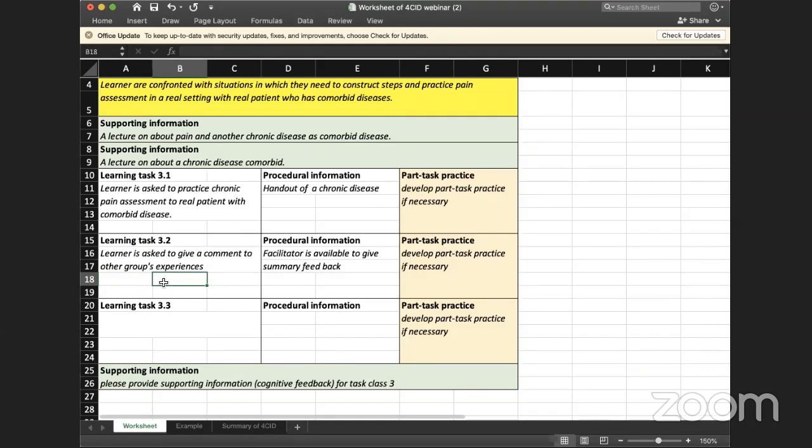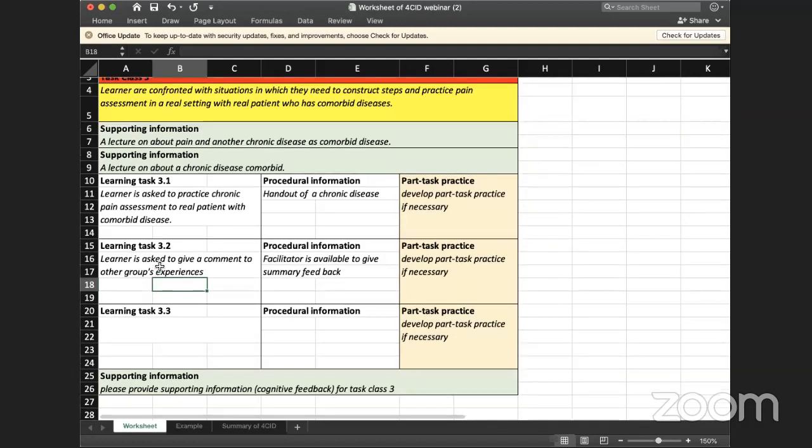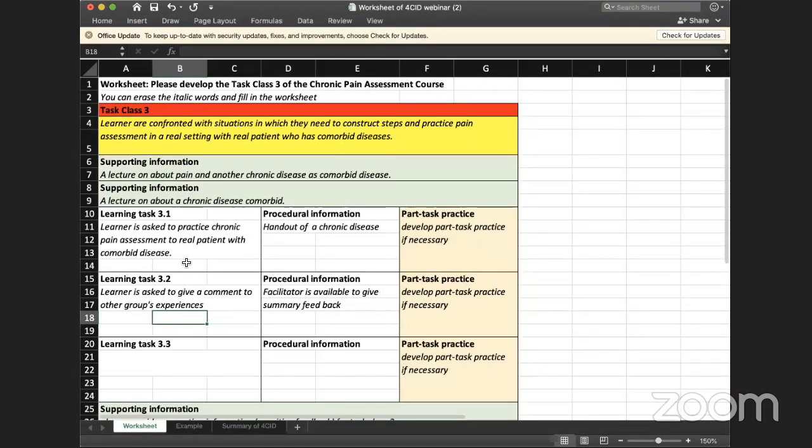Because the previous stage only reflects on their own experience, and giving comments on other groups' experiences will help facilitators evaluate more precisely how far the students' understanding goes. I think that is our discussion with Dr. I forget the name. It's not a group in our groups. Thank you.